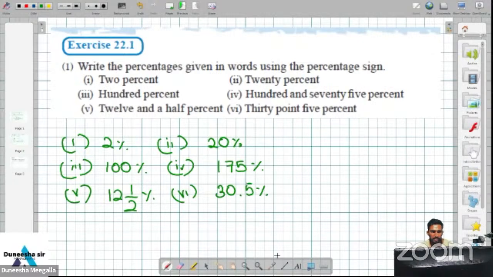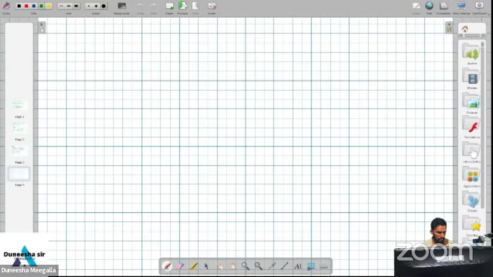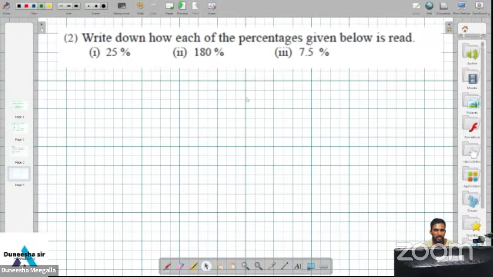We are going to the next question. Write down how each of the percentages given below is read. 25%, 180%. Can you write it down in letters?